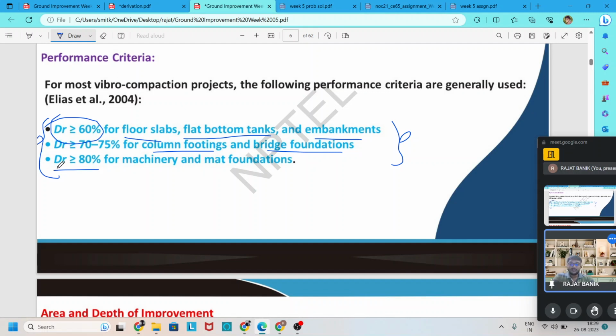This type of improvement happens when the importance of the project is high, that means if we apply it for machinery foundation or mat foundation, on which many heavy constructions or buildings are situated. So for that, higher compaction is needed.